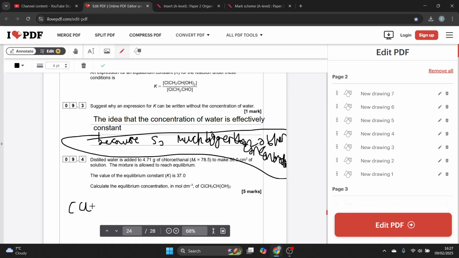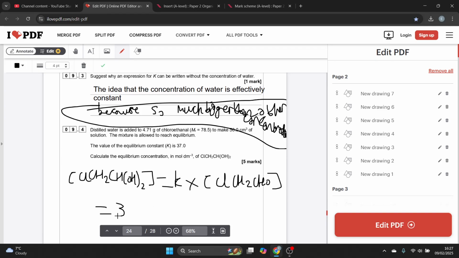So I know the ClCH2CH(OH)2 concentration equals K times by ClCH2CHO, and I know K is 37.0 times by this. Well, it's 5 marks, it's not going to be that easy, right? Because I'm assuming I'm probably going to need some algebra, which is fine.